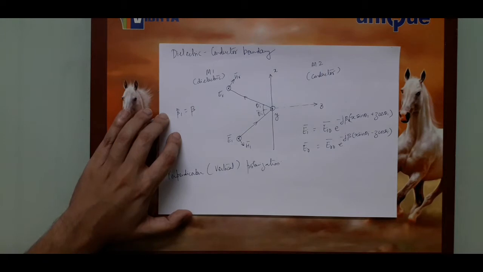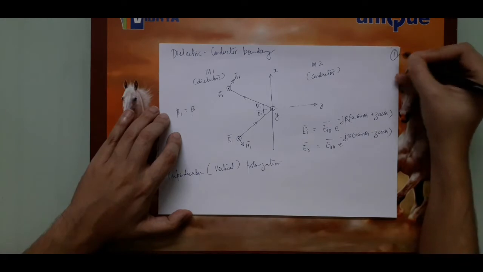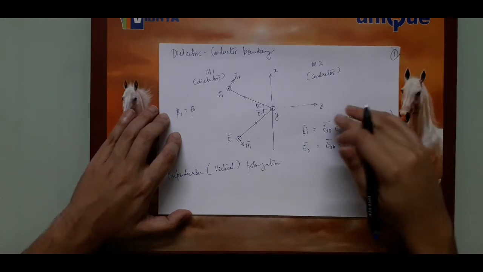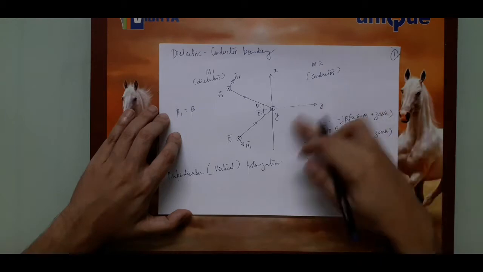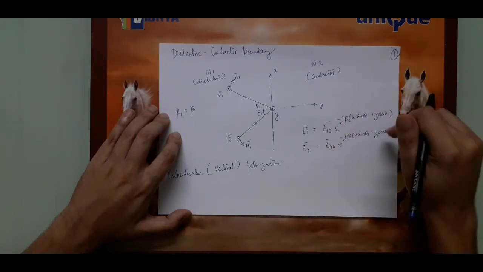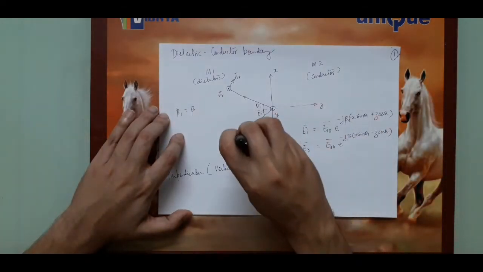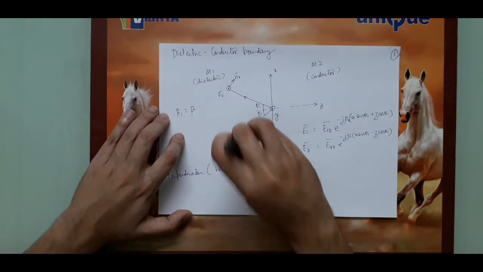Let us now go back from this format to writing in the format which shows the direction of the field. Right now you can see that the electric field vector is existing along the y-axis.